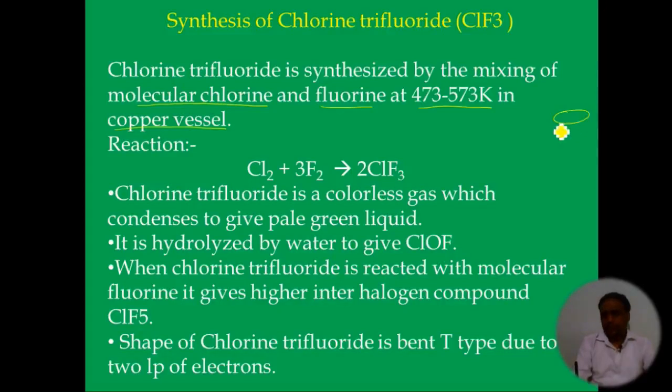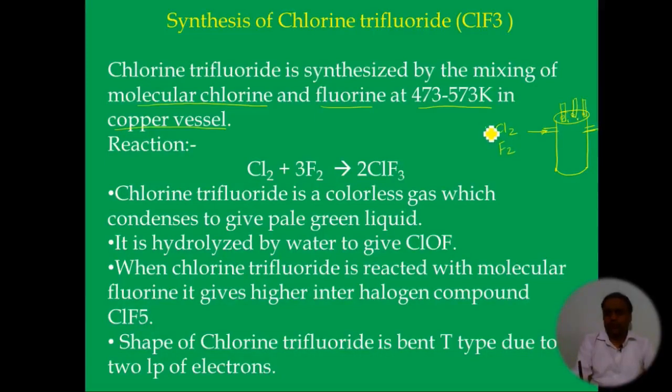For example, you have these nut bolts and this reaction vessel, and here you have different inlets. You might have seen reaction vessels. So you have to mix this chlorine and fluorine.